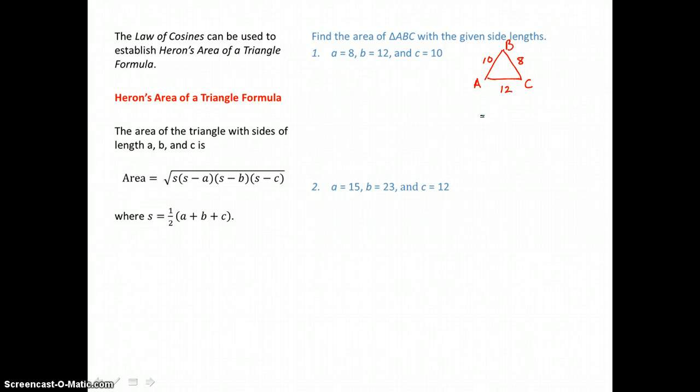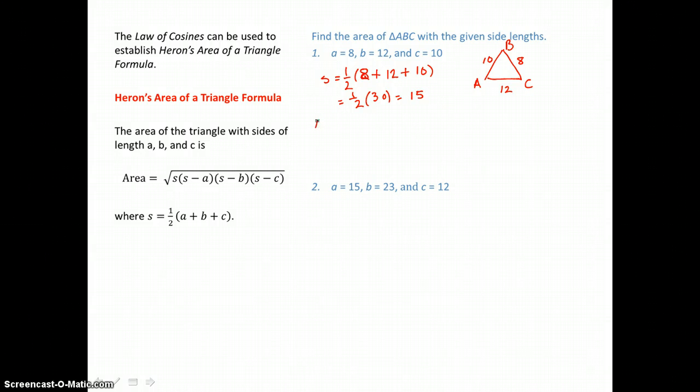What we need to find is S. S is equal to 1/2 the perimeter, A plus B plus C, and side A was 8, side B is 12, and side C is 10. So this S value that we need is 1/2 of 30, or 15.